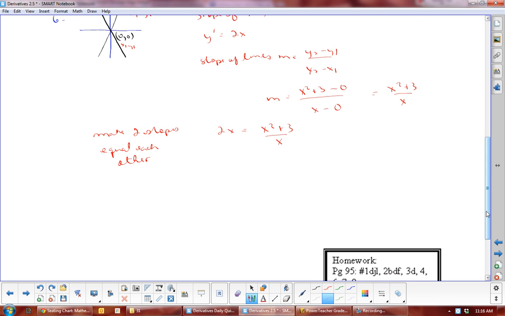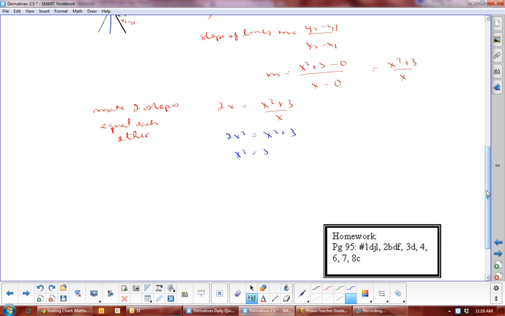Then I would multiply both sides by x, and I'll get 2x squared equals x squared plus 3. I'm going to subtract x squared from both sides. I'll get x squared equals 3. Take the square root of both sides. I will get x equals plus or minus root 3.